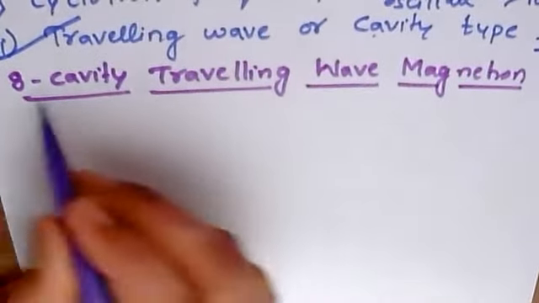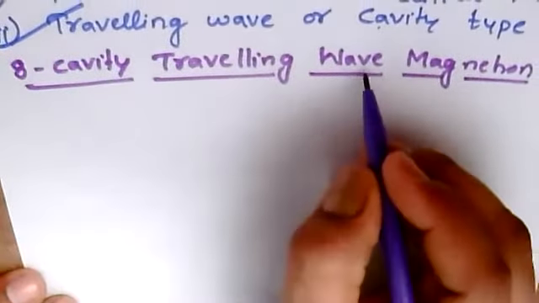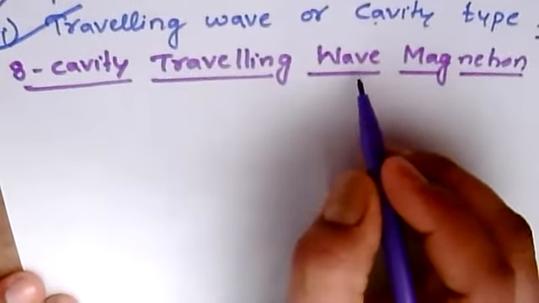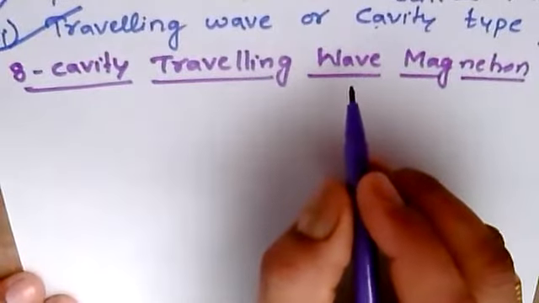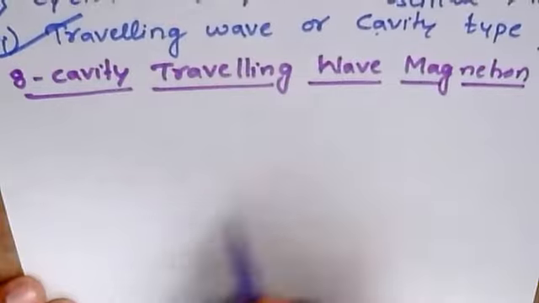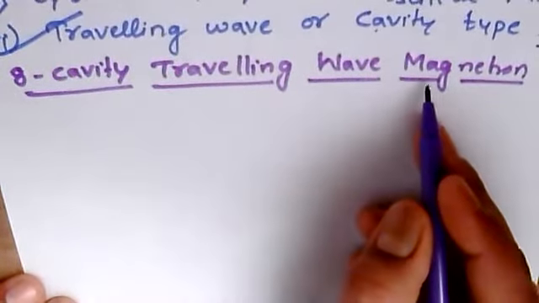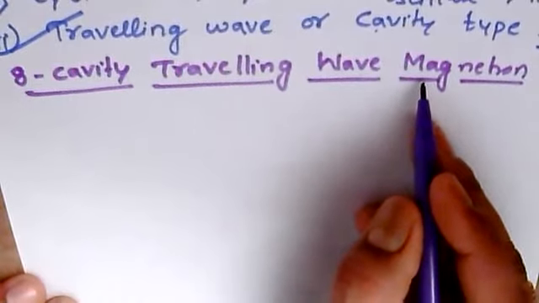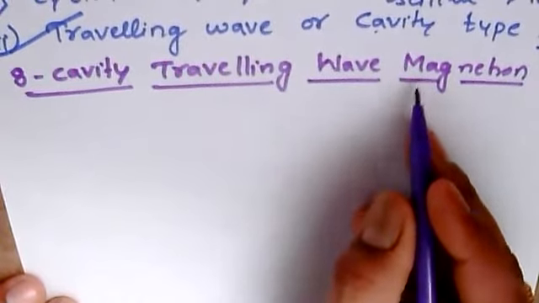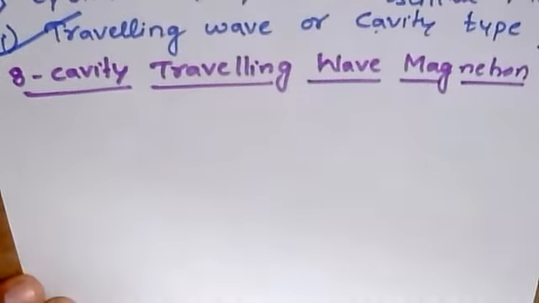We'll see what this 8 cavity is and why it is called traveling wave. We'll justify each and every point in this title. First, we'll move on to the construction. I have told you that the magnetron is a crossed field type of tube where the electric field and magnetic field will be crossing each other. I'll be explaining how they cross each other.